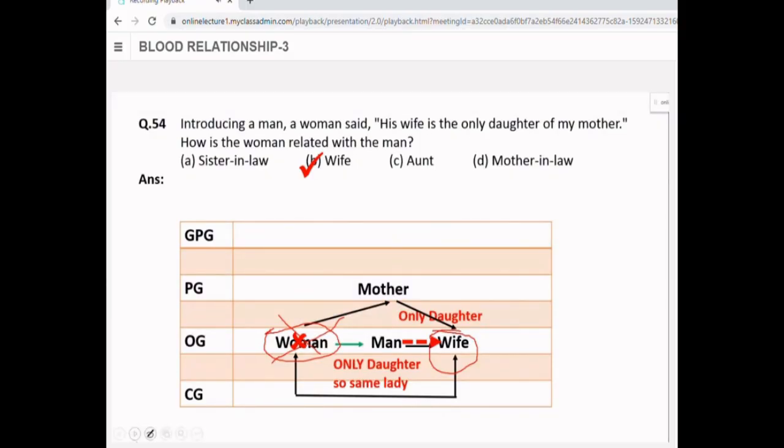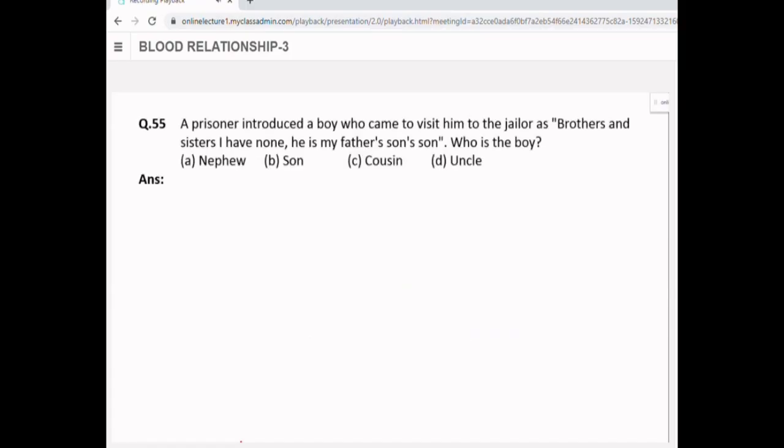If you want to take a proper screenshot, you can take one. Only daughter, so that woman and that wife are one and the same. Only means single. Okay. Next. The last one.